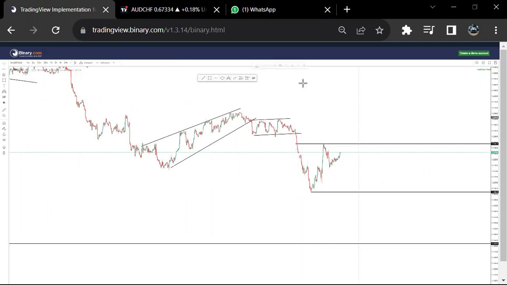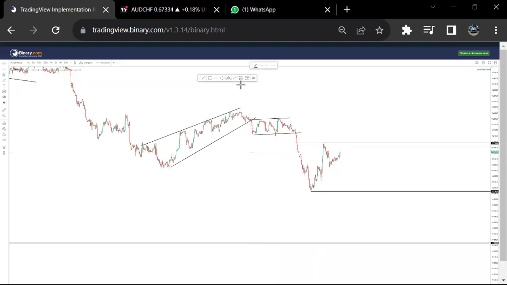If price comes there, let's pray it creates a double top, because it's expected to happen. When it creates a double top, then you know price has to push down, because the target of this, the target of GBP USD, has to be there. So this is the setup.